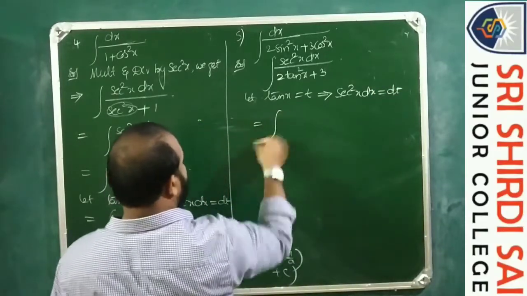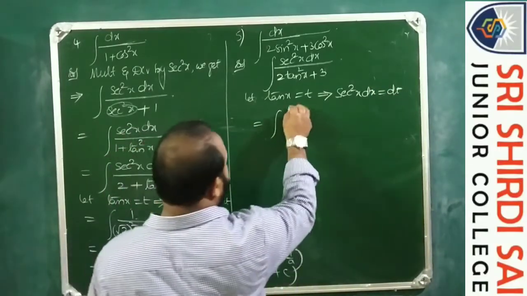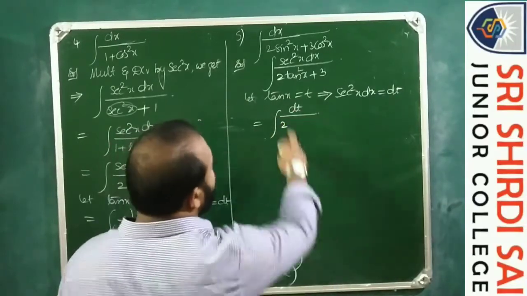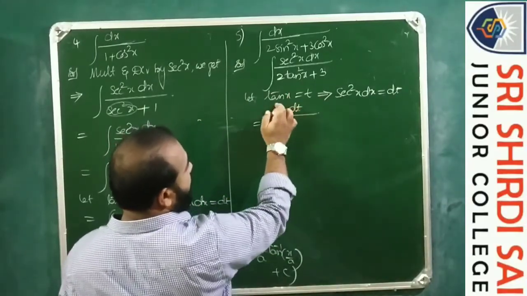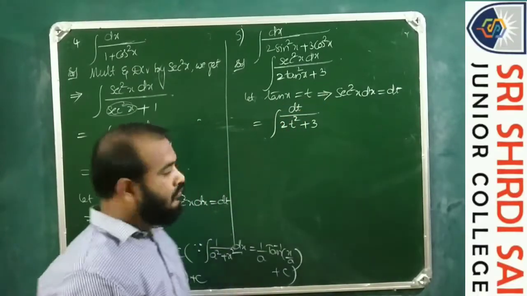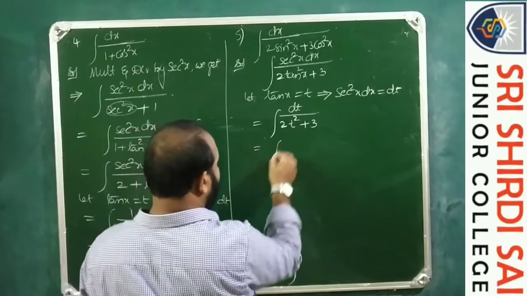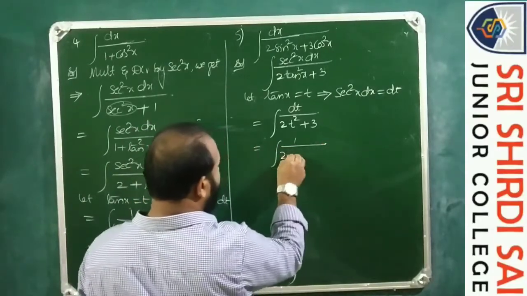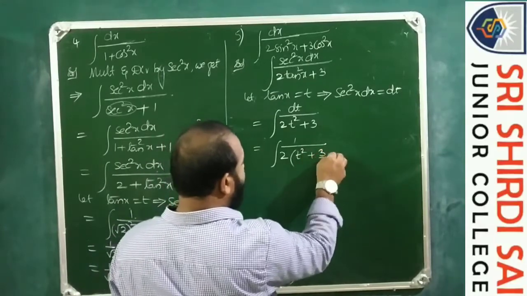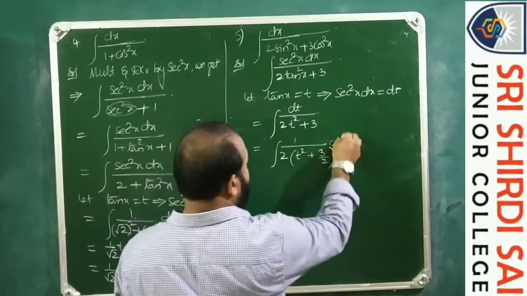This is equal to dt by 2 tan square x plus 3. Tan square x is nothing but tan x whole square, and tan x is t. So 2t square plus 3. So this is equal to 1 by, taking 2 as common, t square plus 3 by 2 dt.